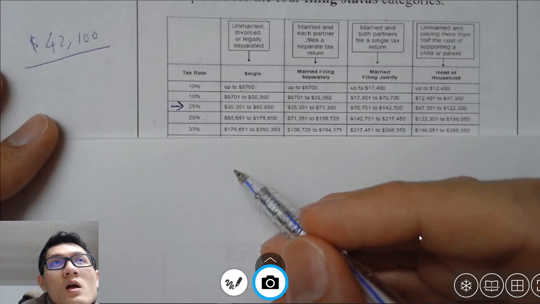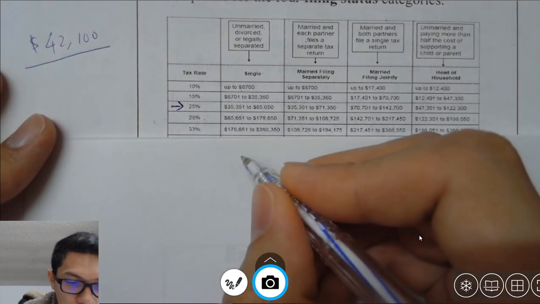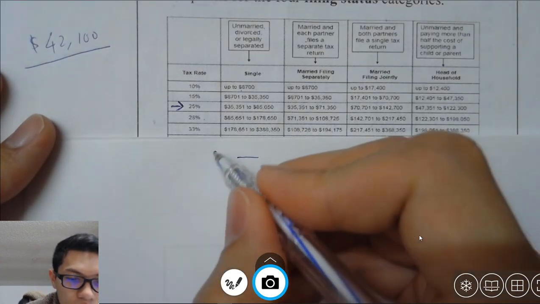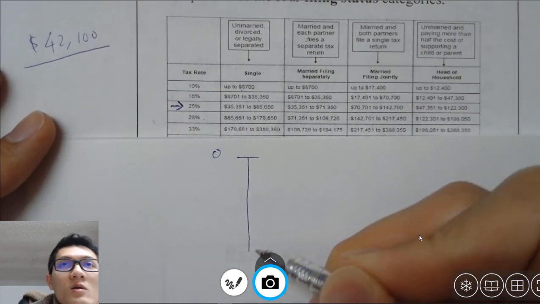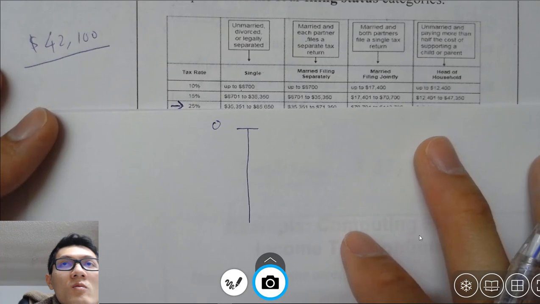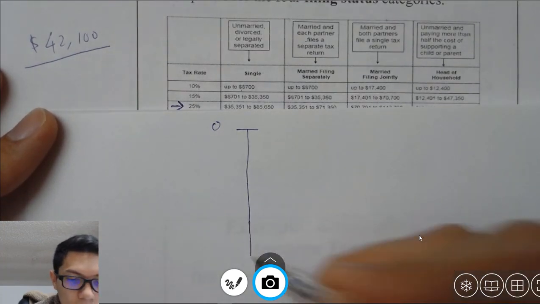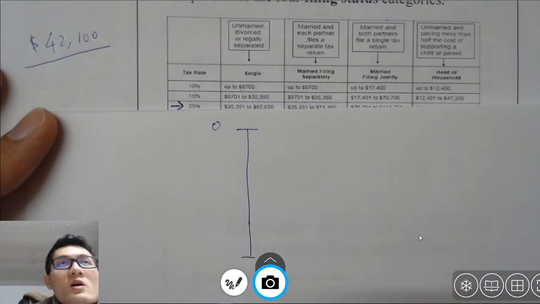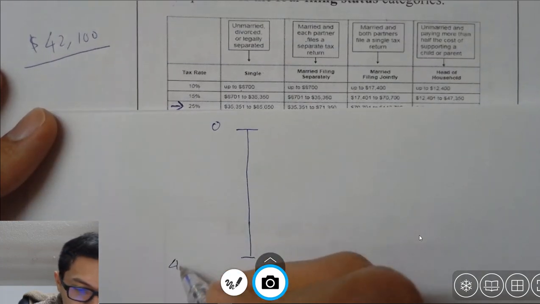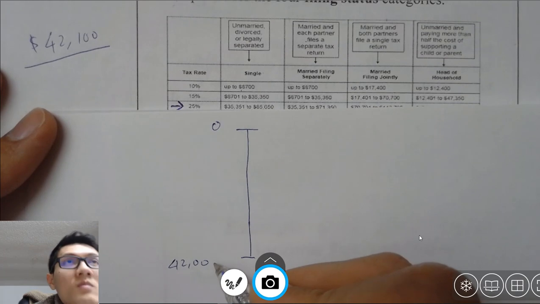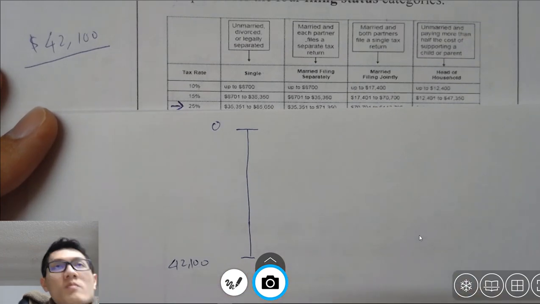Okay, so we know that we stack from 0. We go all the way to her 42,100, her taxable income.